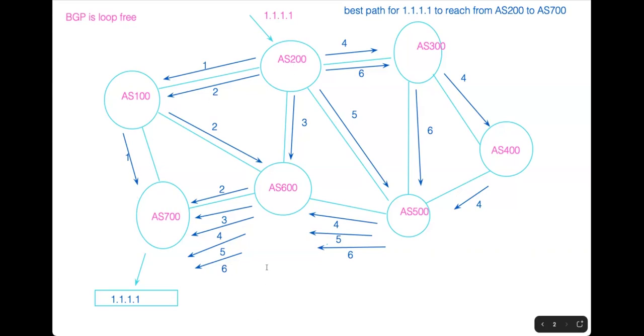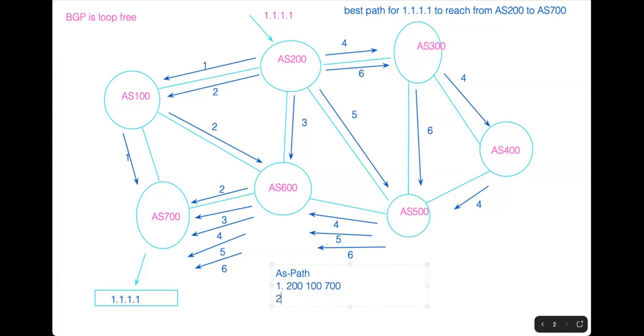So if I need to list all these paths, what is my first path? It is originated from AS200. It will go to 100 and then it will reach 700. Then we have the second path.